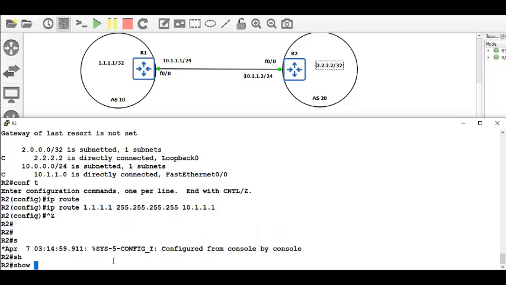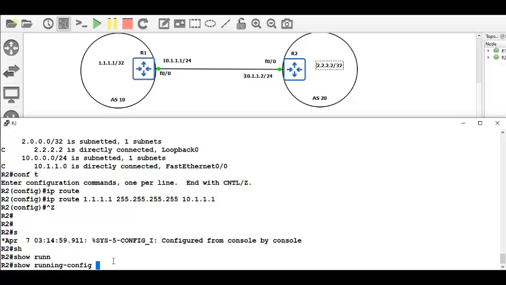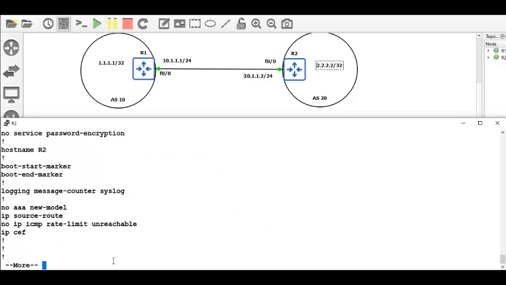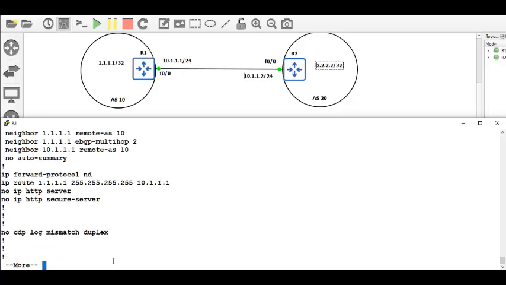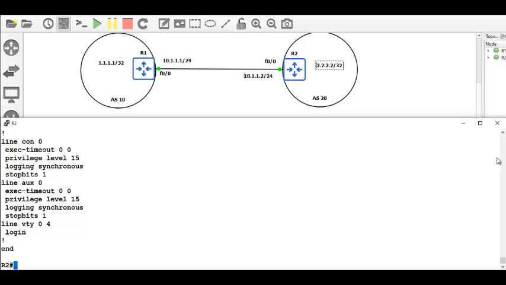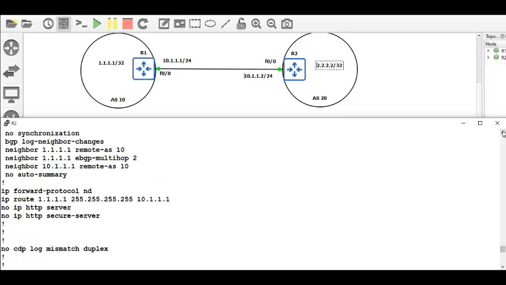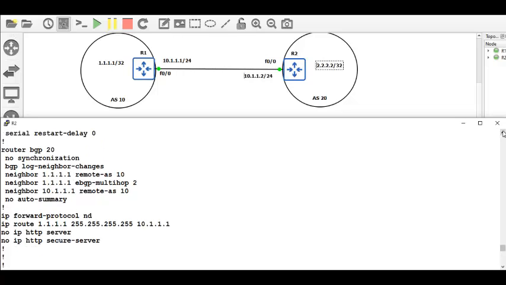So show run, listen carefully, show run. We can see in the BGP, I need to remove this old statement. Okay, this is the old statement, the physical interface statement. Let me remove this first.